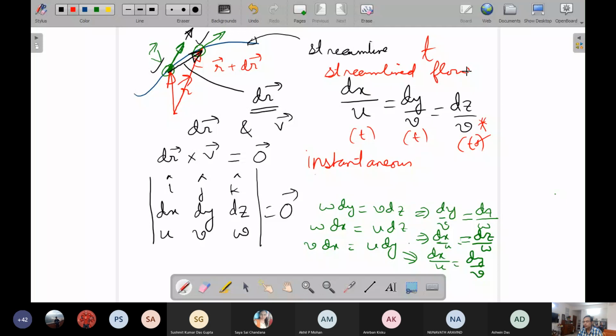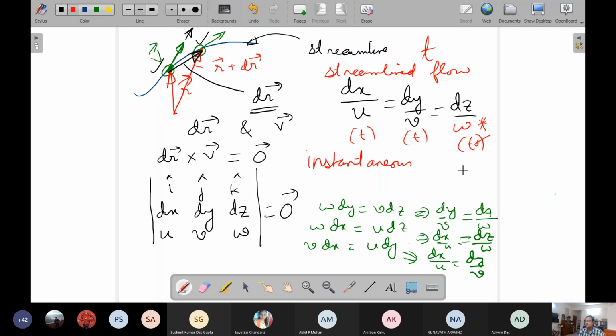It is not saying that there are flows with streamline and flows without streamline. All flows will have some streamlines because all flows will have some velocity vectors, and these velocity vectors are defining the equation of the streamline.